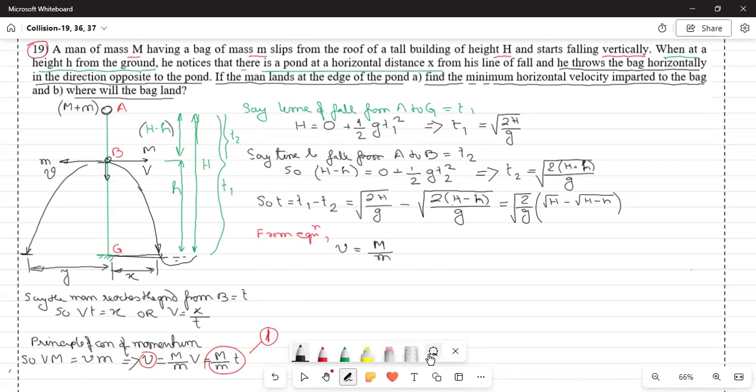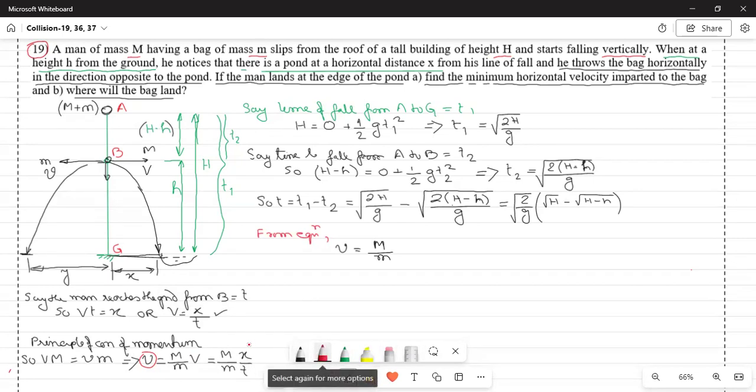There was a mistake here. From here we get small v equal to capital M by small m into capital V, which is equal to capital M by small m, and capital V is x by t.